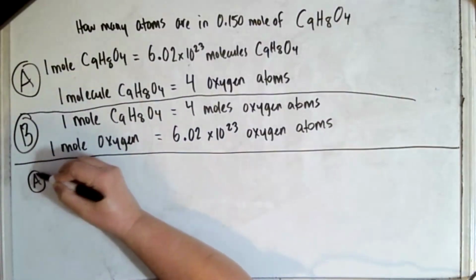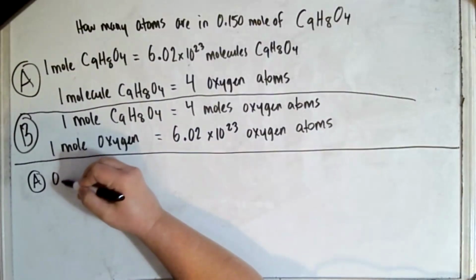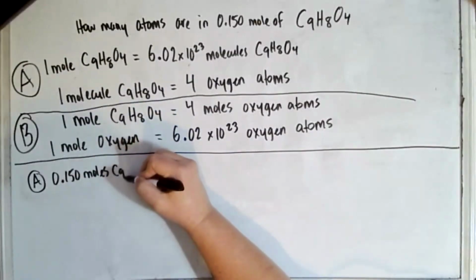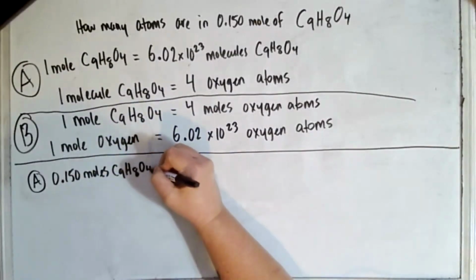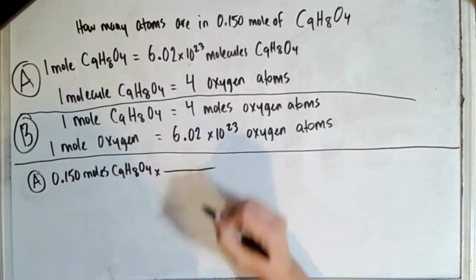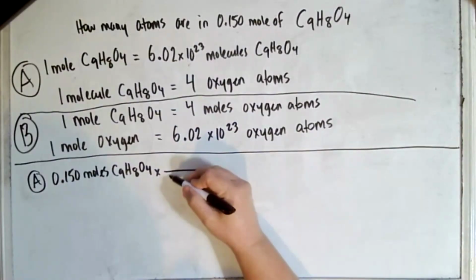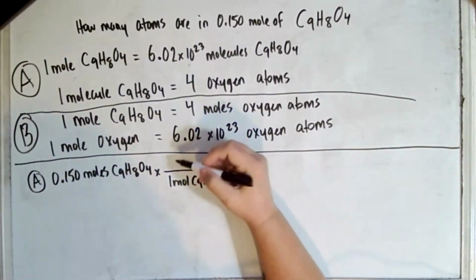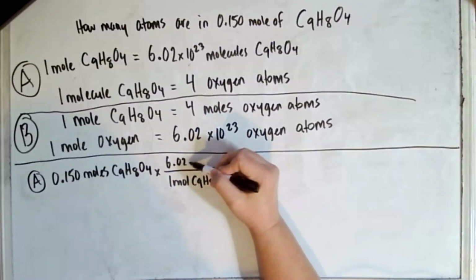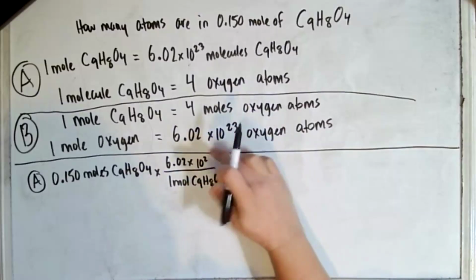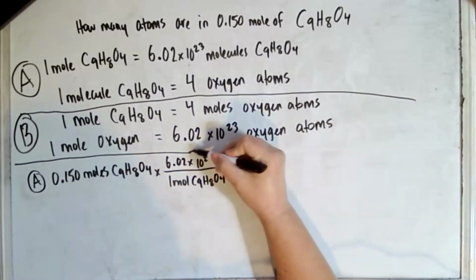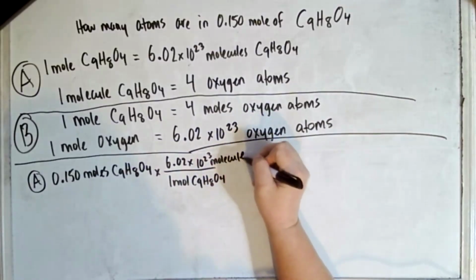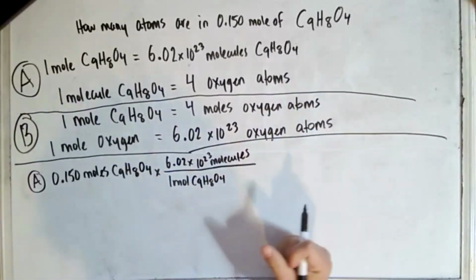So for solution A, the first thing that I'm going to do is start out with my 0.150 moles of my aspirin. And I'm going to use Avogadro's number, which tells me that every 1 mole is going to give me 6.02 times 10 to the 23 molecules of aspirin.